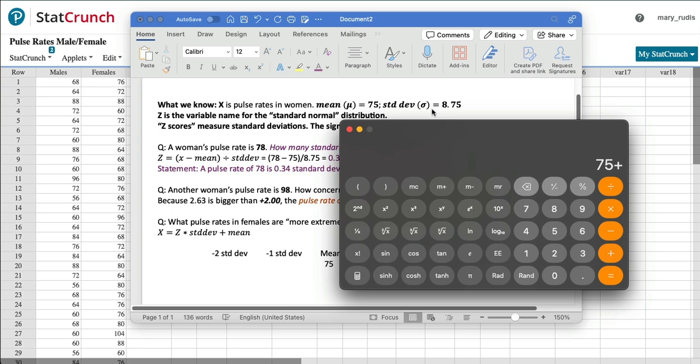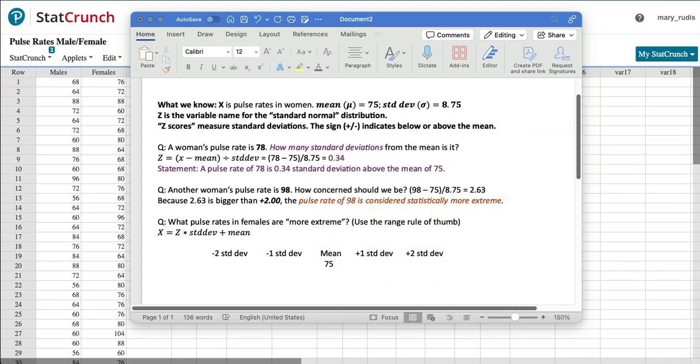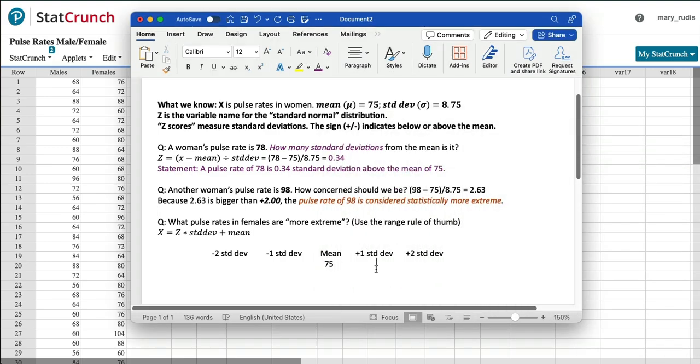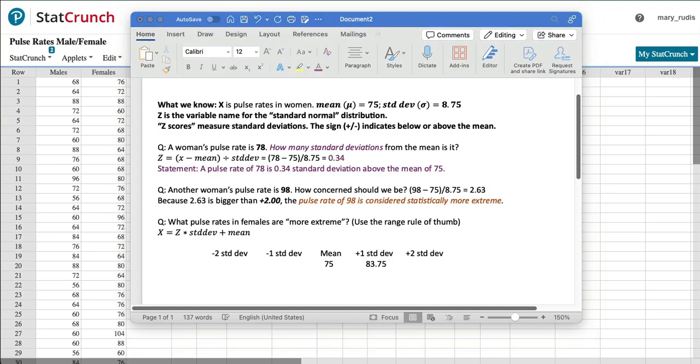So a pulse rate of 83.75, let's put that here, 83.75, that would be +1 standard deviation, okay? Because I added 8.75.